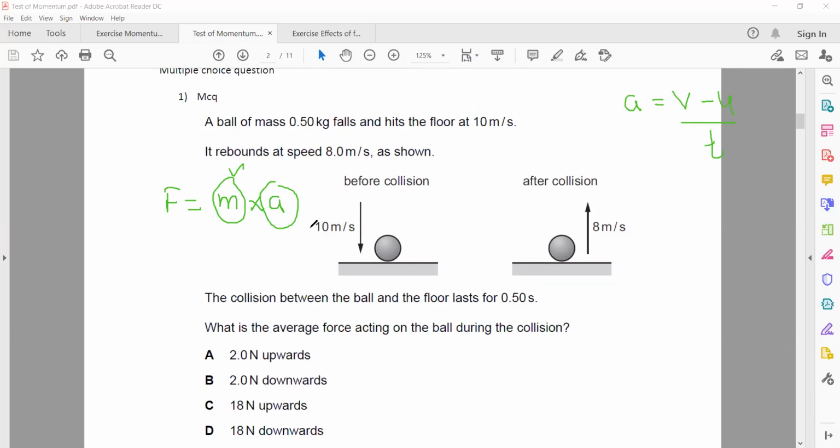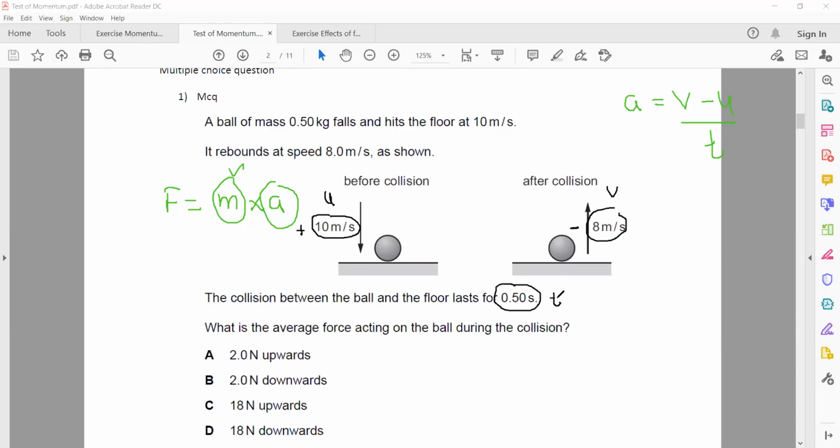The initial velocity is u, and the final is v. But in this example, the direction of motion also changes. First it was moving down, then it is moving up. So if downward I took as positive, the upward I will take as negative. And the time is given, which is 0.5 seconds.